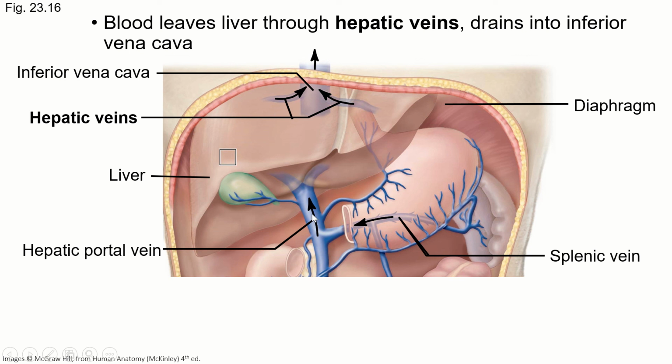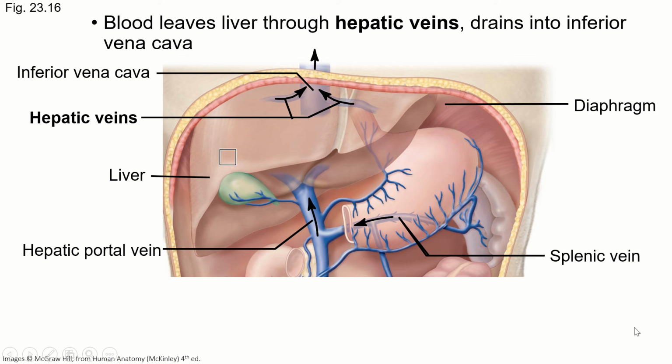One portal vein, which branches into right and left branches, and two hepatic veins, right and left. Sorry, I got myself mixed up. Hepatic veins carry deoxygenated and filtered blood to the inferior vena cava.